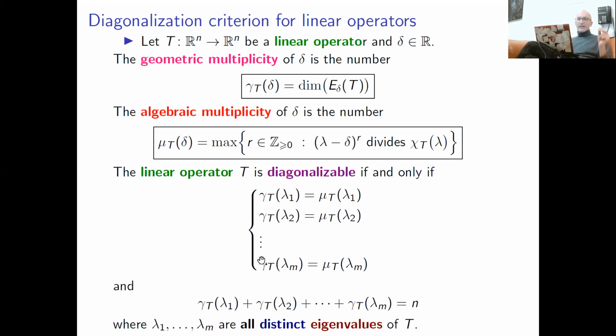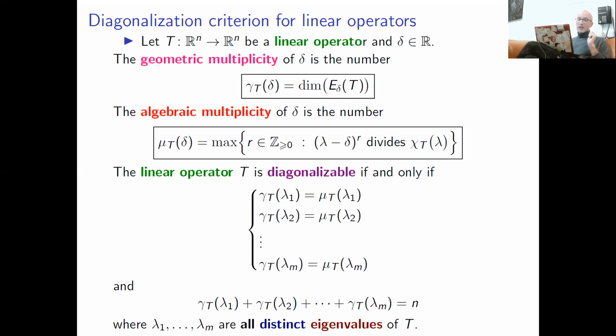So if you have a linear operator, you take its characteristic polynomial. The first thing you check is that all roots of the characteristic polynomial are real. A complex, non-real root means not diagonalizable. If all roots are real, the next thing you check is the geometric multiplicity of every root, and you compare it with the algebraic multiplicity.